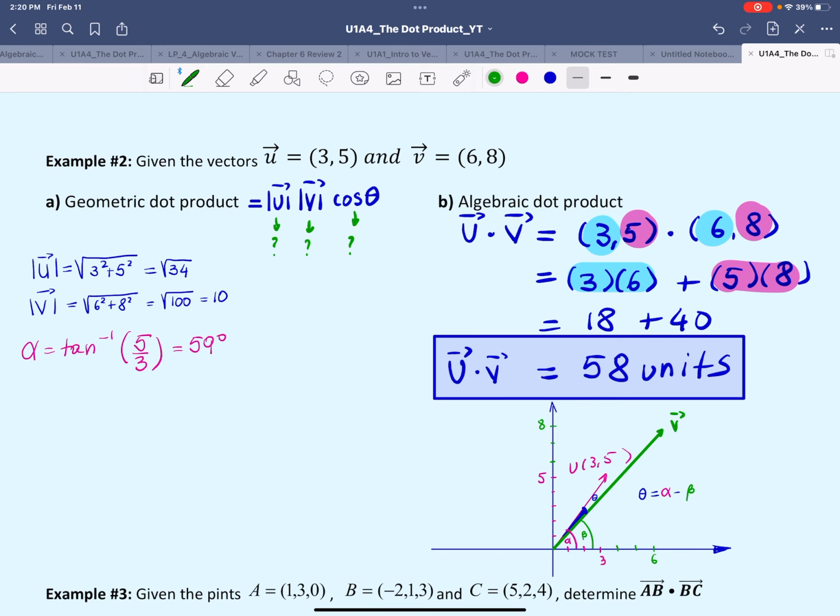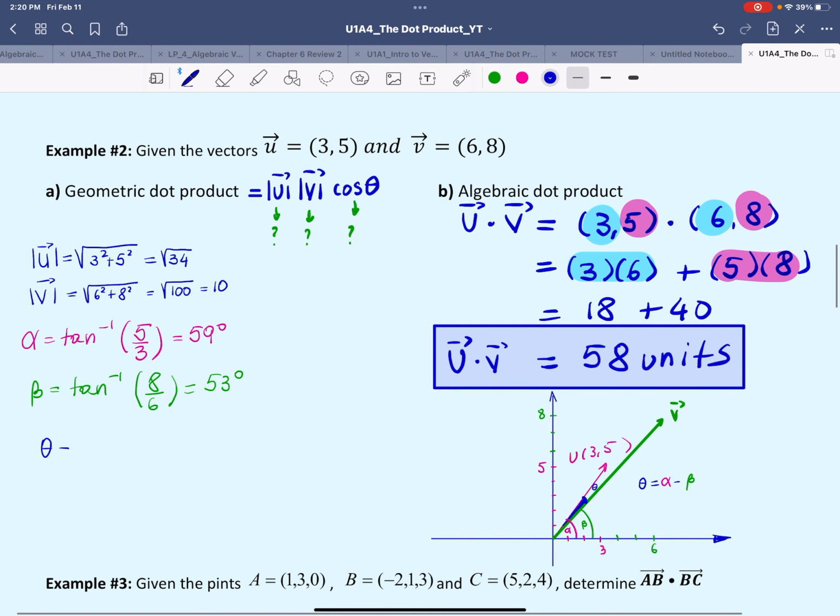And beta, on the other hand, similarly, beta is the angle that v makes with the positive x-axis, so y over x, which is 8 over 6. And that will give 53 degrees. So we're going to say that angle theta then must equal 59 minus 53, which makes angle theta equal to 6 degrees.